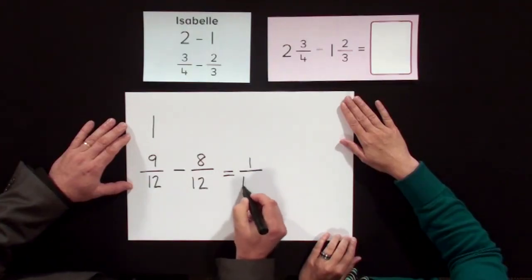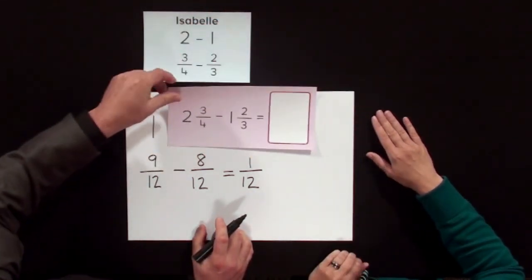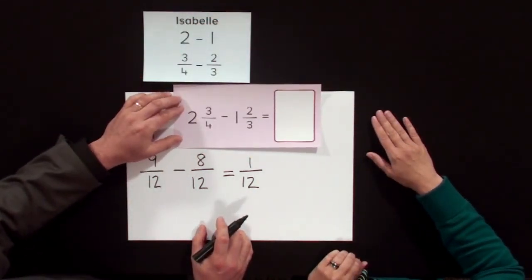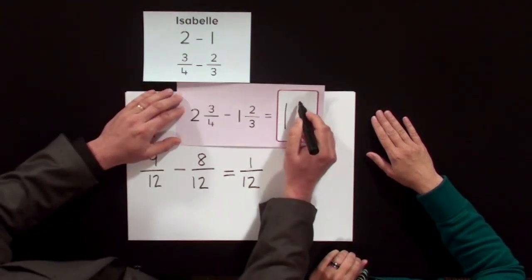She decided to work with the whole parts first and then the fractional amounts. Once again, because they're unrelated denominators, both of those fractions had to be renamed. So now I'm left with 1/12. So the answer: 2 3/4 subtract 1 2/3 is 1 and 1/12.